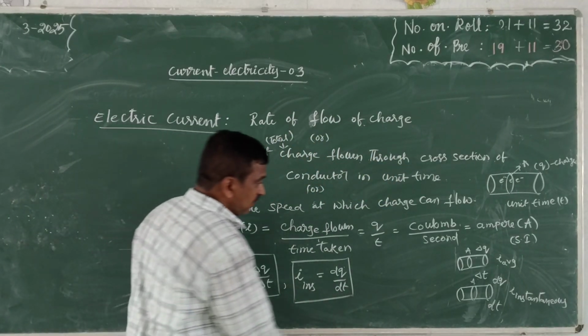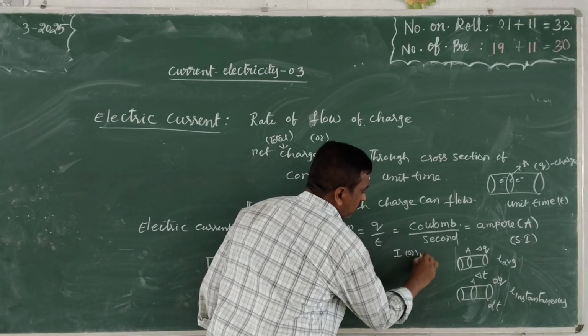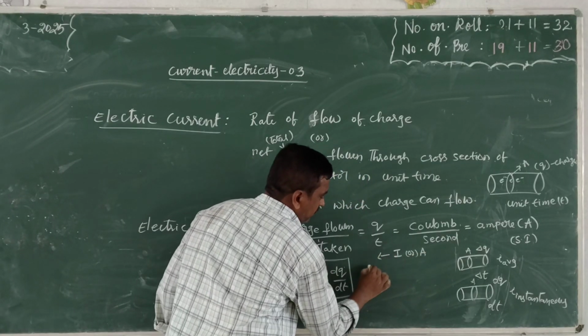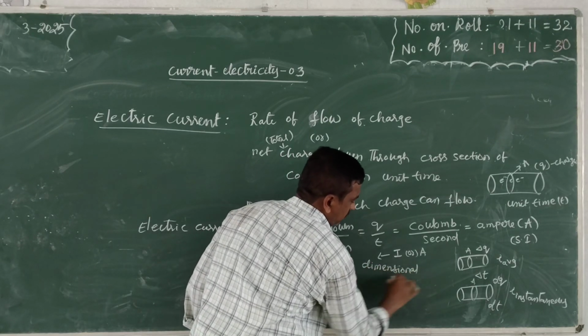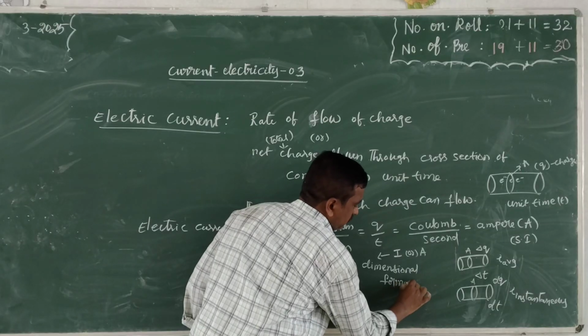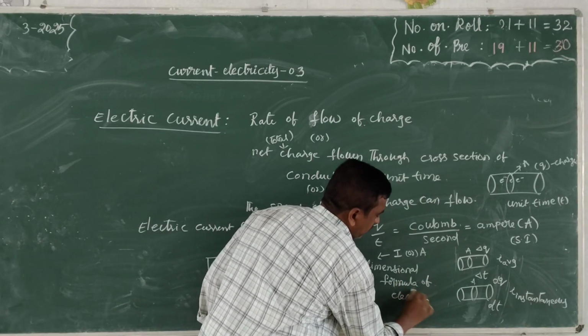What is the dimensional formula now? Either we can write capital letter I or A. It is the dimensional formula of electric current. Why?